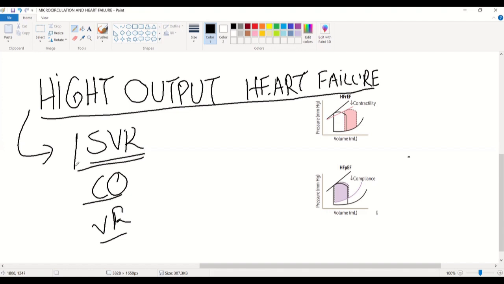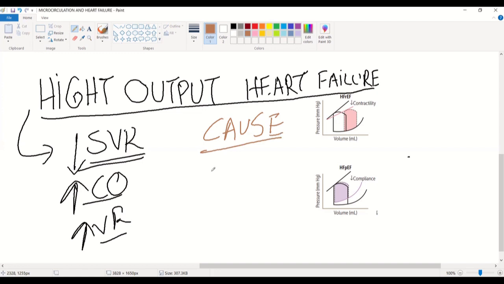Okay, decrease. What about cardiac output? Increased. What about venous return? Increased. Okay. Now I'm moving toward the causes of high output heart failure.